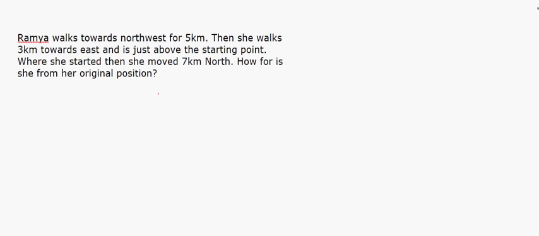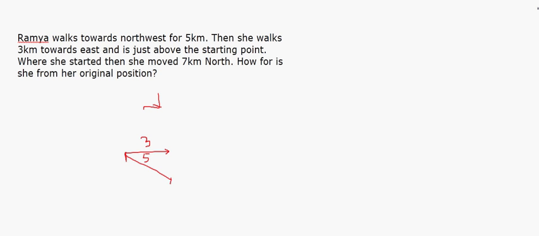So northwest is, if this is north, this is west, right? So she walks northwest 5 kilometers, so this is 5. Then she walks 3 kilometers east, right? So this is 3 kilometers east and is just above the starting point, right?